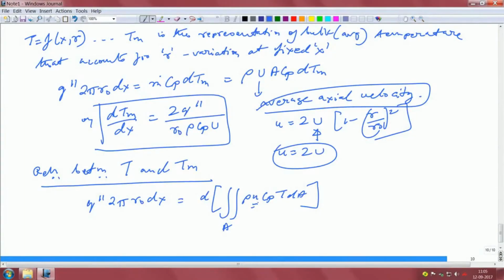This is the actual temperature, which is a function of both x and r. So you are integrating it across the cross sectional area. Here u is the fundamental variable, not the average, and T is also the temperature at each point.